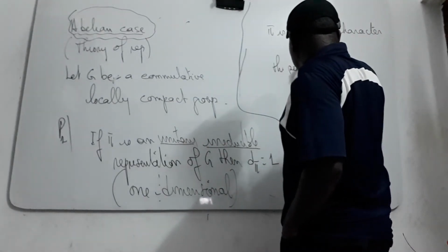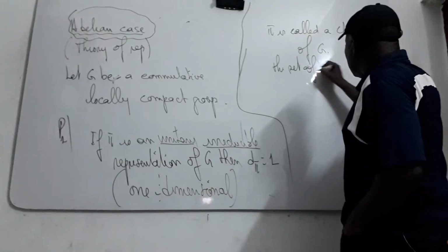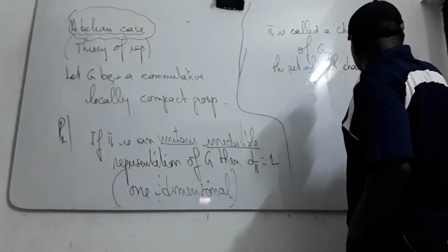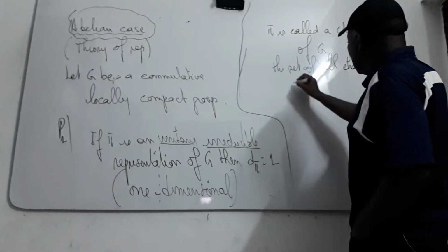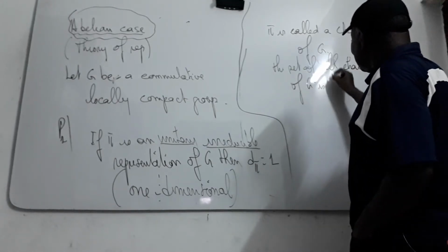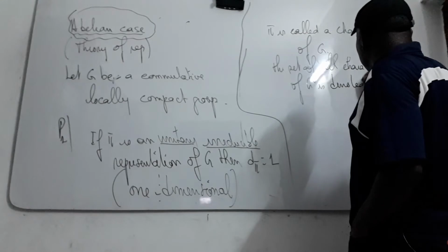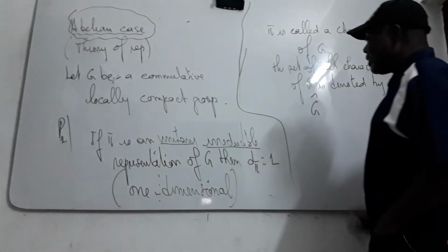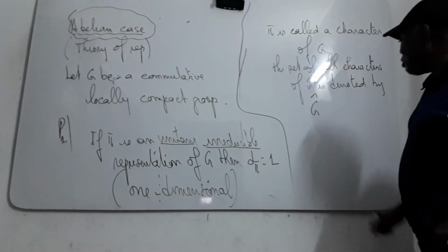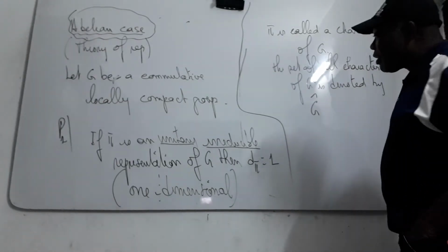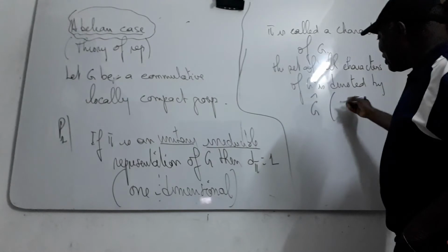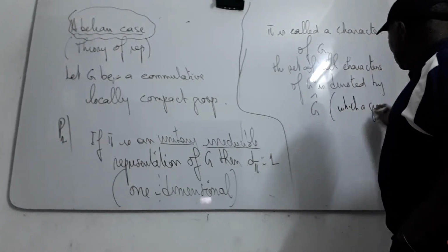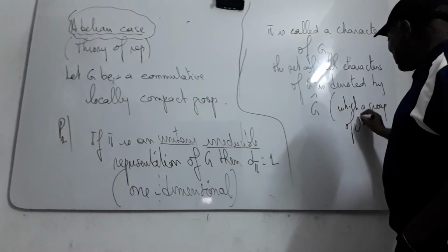And the set of all characters of G is denoted by G hat, like this. That we call the set of this kind of characters, which is a group, a group of characters.